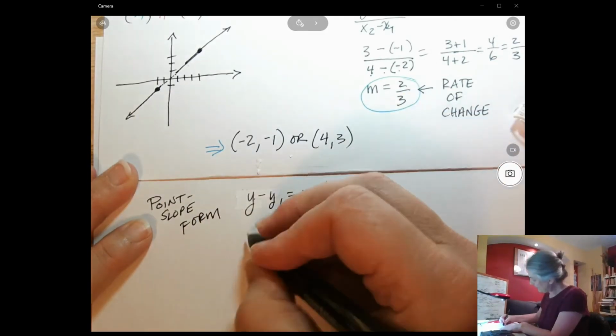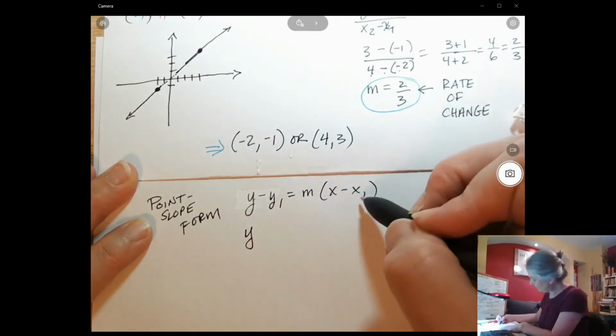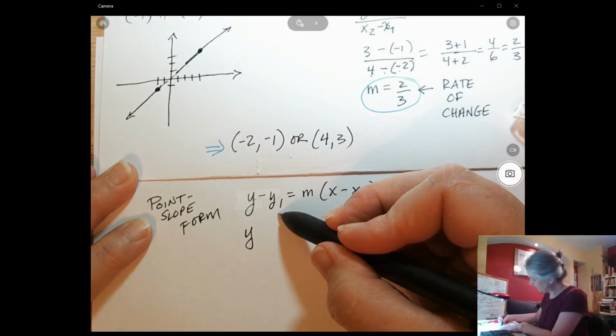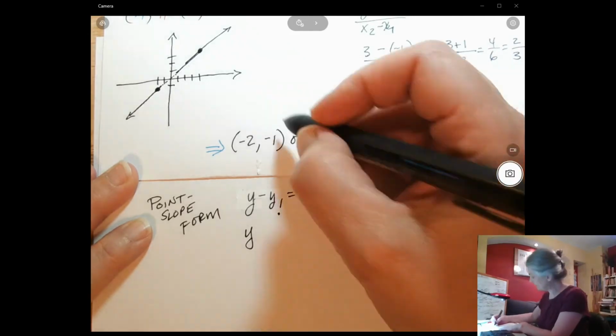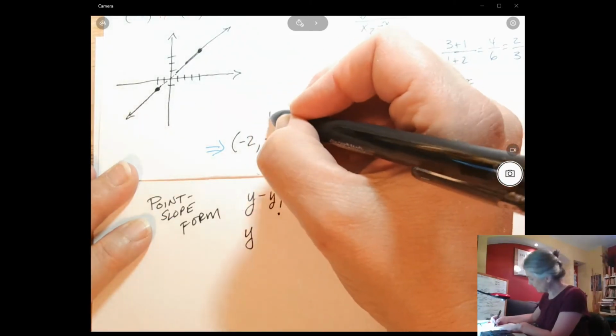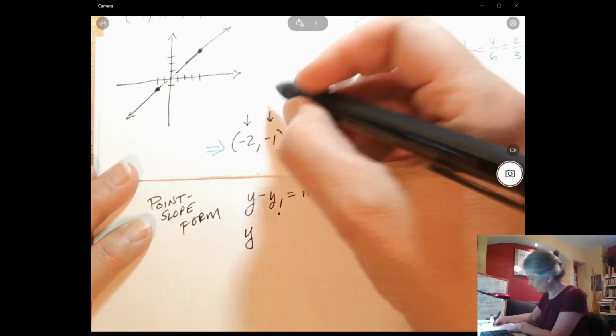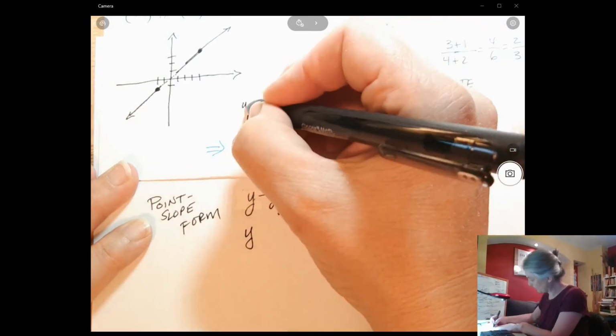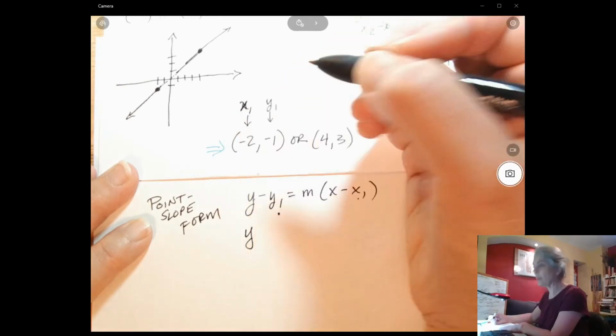So let's take one of the points, maybe x1, y1, which we defined as these guys right here. Actually, it doesn't matter which point you use, though. This is x1 right here, right?